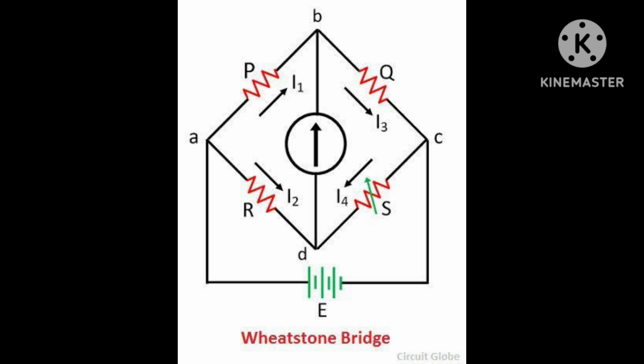The unknown solution is in the conductivity cell. That solution you will take, the unknown solution whose resistance you want to know, not conductance. That will be the fourth one, the unknown solution, and you want to know its resistance.